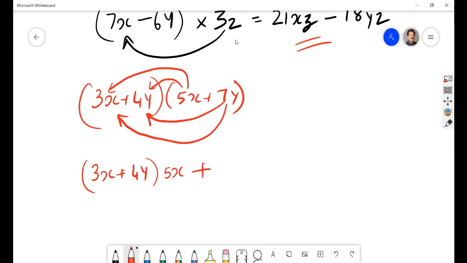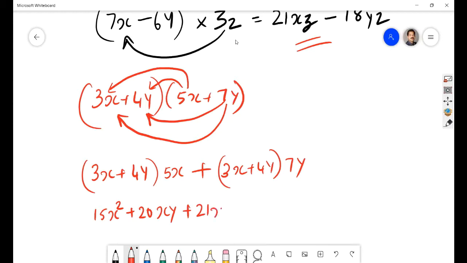Then you will have 3x plus 4y multiplied by 7y, and you will do that. 5 3s are 15, x into x, x square, 5 4s are 20, x into y, xy, then 3x here, 3 7s are 21, xy, then 7 4s are 28, y square.